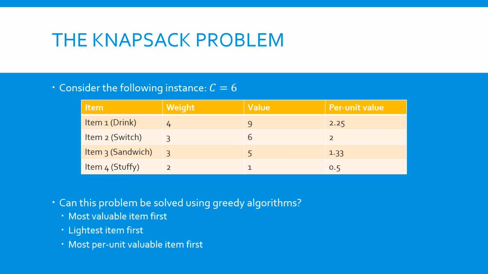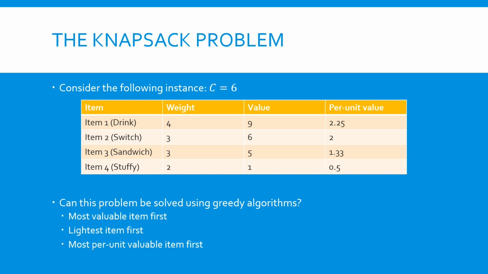First, let's consider whether this problem can be solved using greedy algorithms. Take the following example. We have a backpack with a capacity of 6 units and can choose from the 4 listed items. For instance, a drink weighs 4 units and adds a value of 9 to your trip.